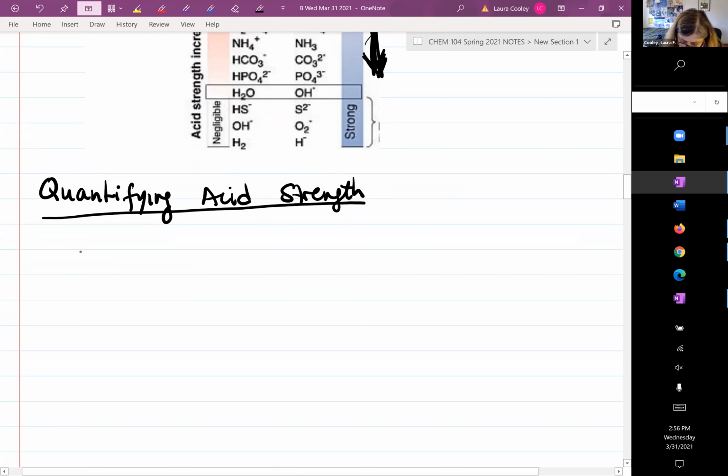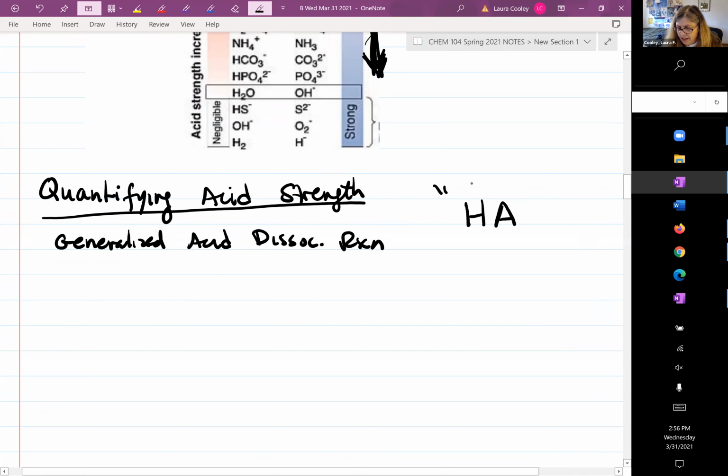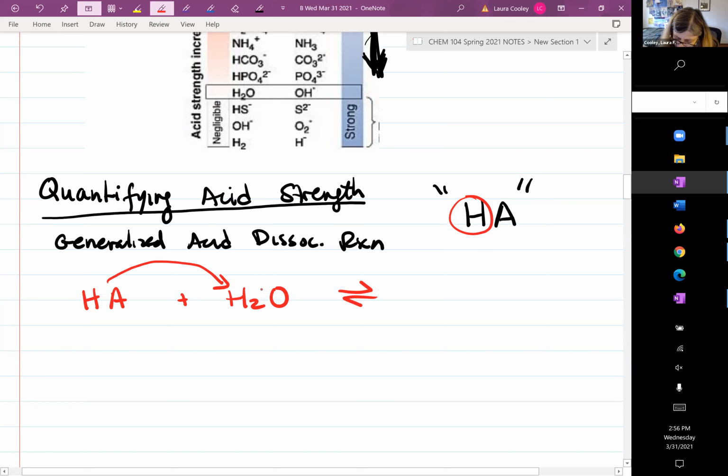Here I'm going to write what I'll call a generalized acid dissociation reaction. Many times they call an acid HA, and it's understood that the H is the H that the acid is going to lose. So if you start with HA in a reaction with water, that proton would be donated, and you would end up with the rest of it, A minus, and H3O plus.